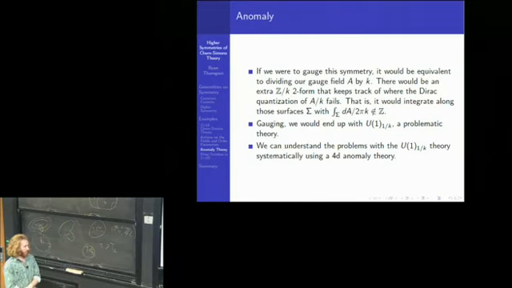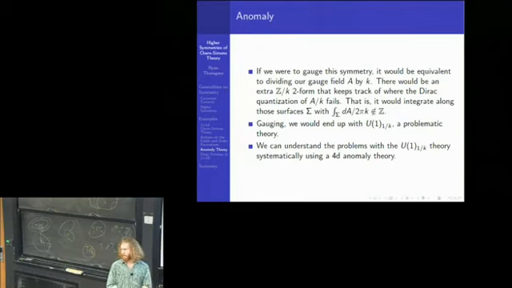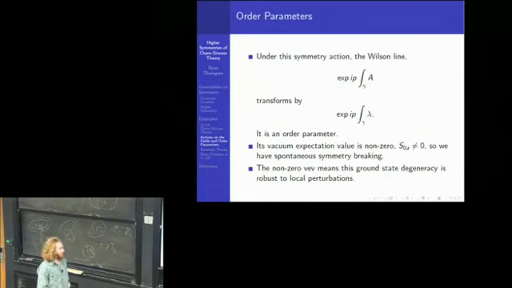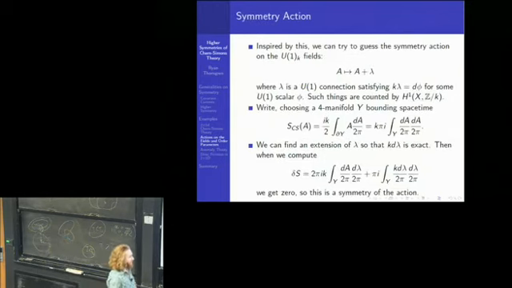Okay, this theory, if we just divided A by K everywhere, the Chern-Simons action is quadratic in A. So we would end up with a U(1) level 1 over K theory. And this theory is problematic. If I try to use this trick for defining the integral, I find that it will depend on the four-manifold that I choose.